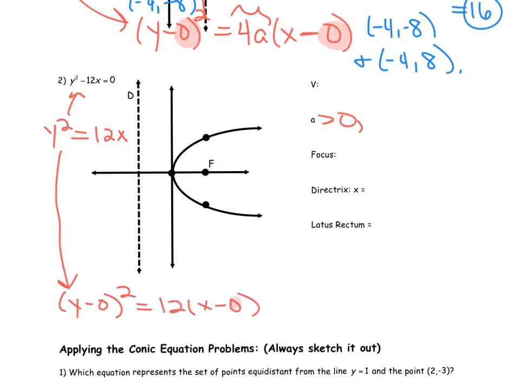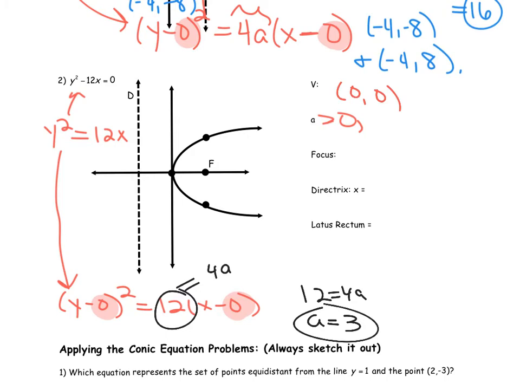Again, noticing the vertex is at 0, 0. My a value: remembering this is equal to 4a, I have 12 equals 4a, which means a equals 3. And a is greater than 0, so that's good.